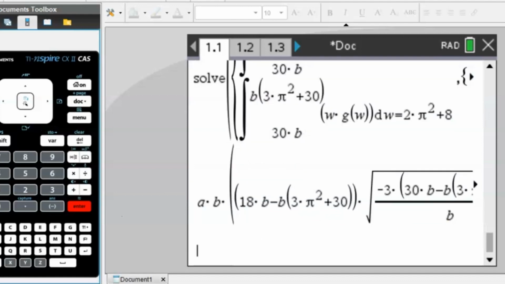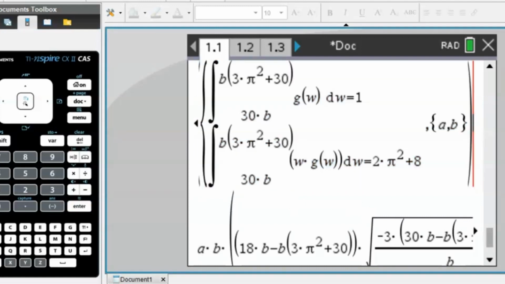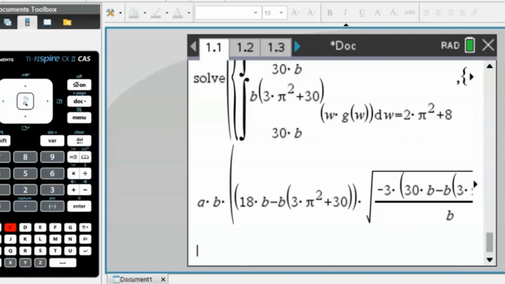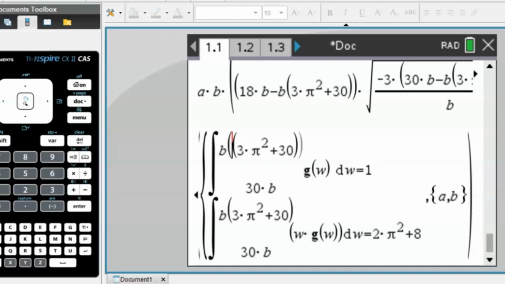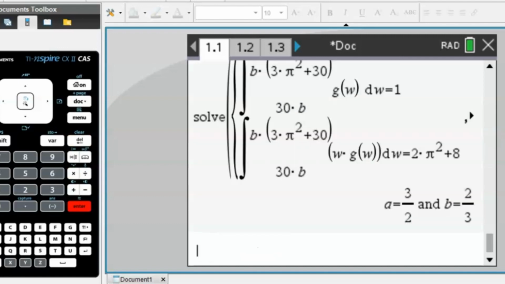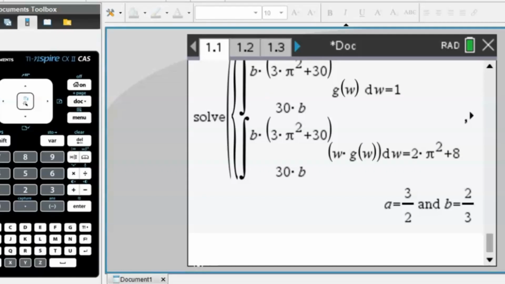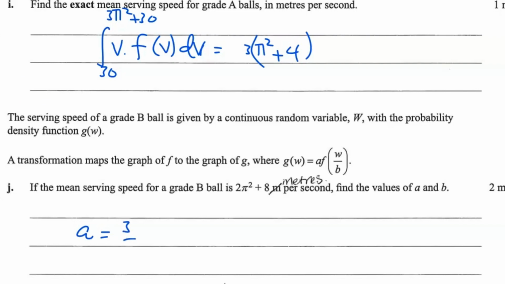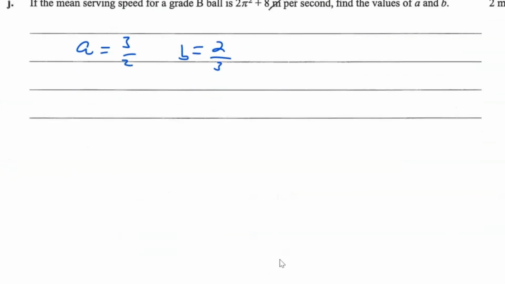All right, let's have a look. That's going to be our a value. Our a value is 3/2. B value is 2/3. So it's just the reciprocal.